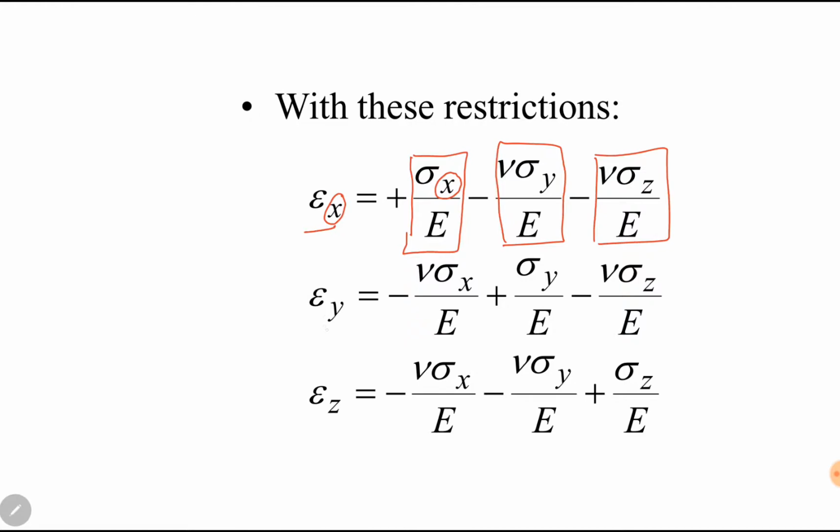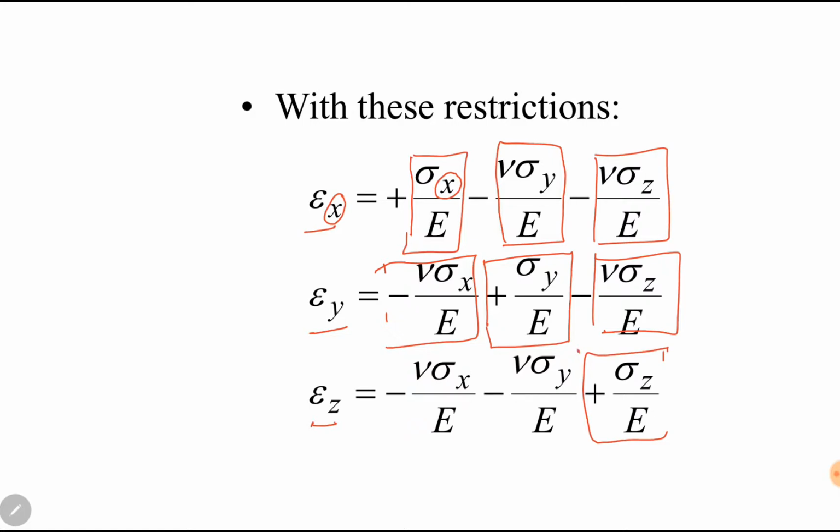Similarly, strain in the y direction will have a positive term due to the stress in the y direction and two negative terms due to stresses in the x and z directions. Similarly, strain in z will be caused by three stresses, sigma z with positive sign and sigma y and sigma x with negative signs. So these three expressions will be used in all three-dimensional problems related to stresses and strains.